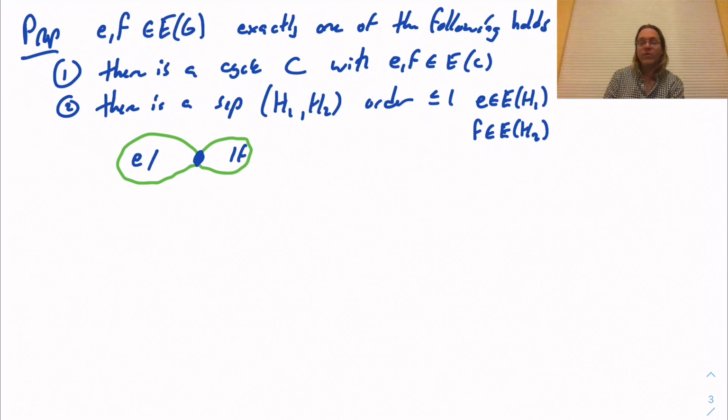So I've drawn the picture associated with our second property, but in doing so we've also argued that these two conditions, 1 and 2, are mutually exclusive. You can't have both a cycle containing E and F and also a separation of order 1 or order 0 with E on the left and F on the right. This just gets a little bit more ridiculous if it was a separation of order 0.